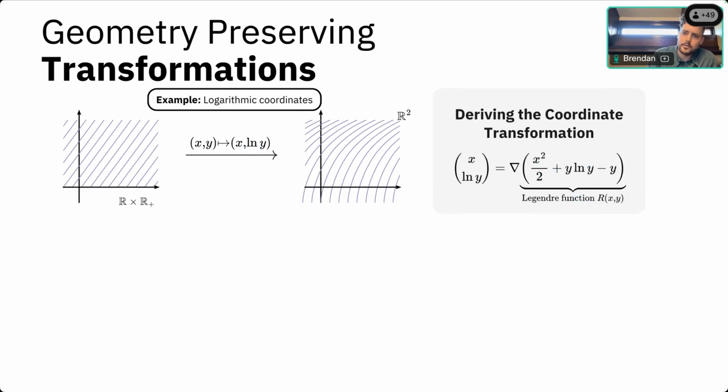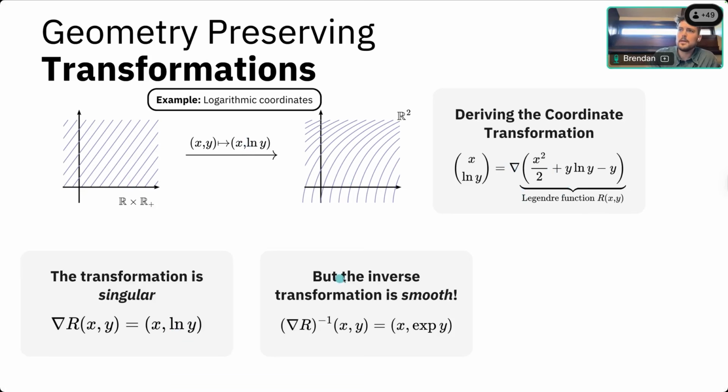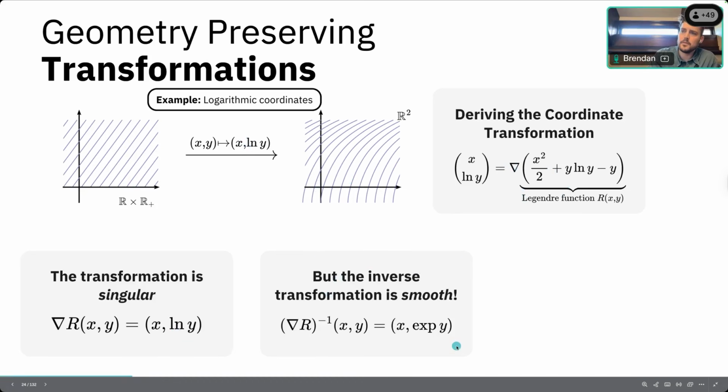But obviously not every constraint looks like this. I'll show you some other examples in a second. Let me just review the parts of the theorem. This transformation will always be singular, because that's part of the definition of the Legendre function: its gradient needs to blow up as you approach the boundary of your convex set. But the beautiful thing about this class of functions is that the inverse transformation is always smooth.